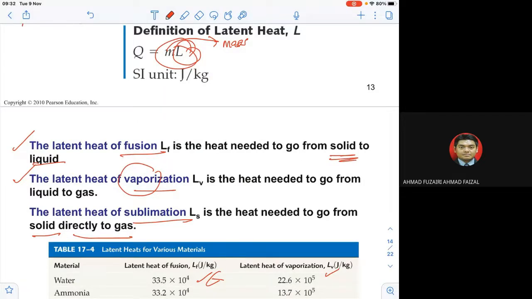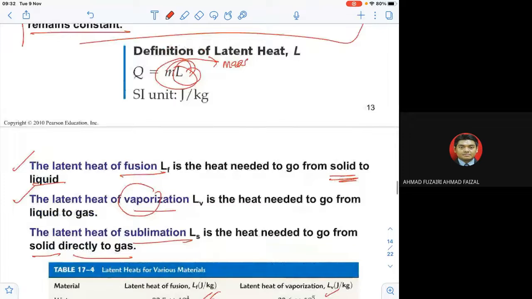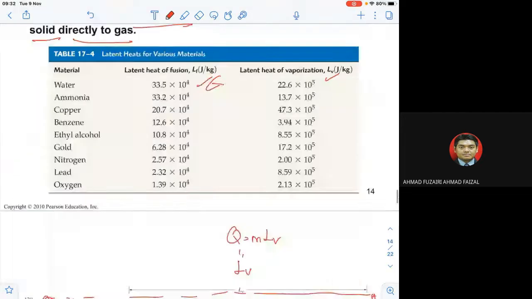It also involves m c delta T. So remember, it comes together with the specific heat, m c delta T. When it comes to the phase change, it also involves latent heat of fusion and vaporization. And sometimes they will highlight latent heat of sublimation, so be careful on that.